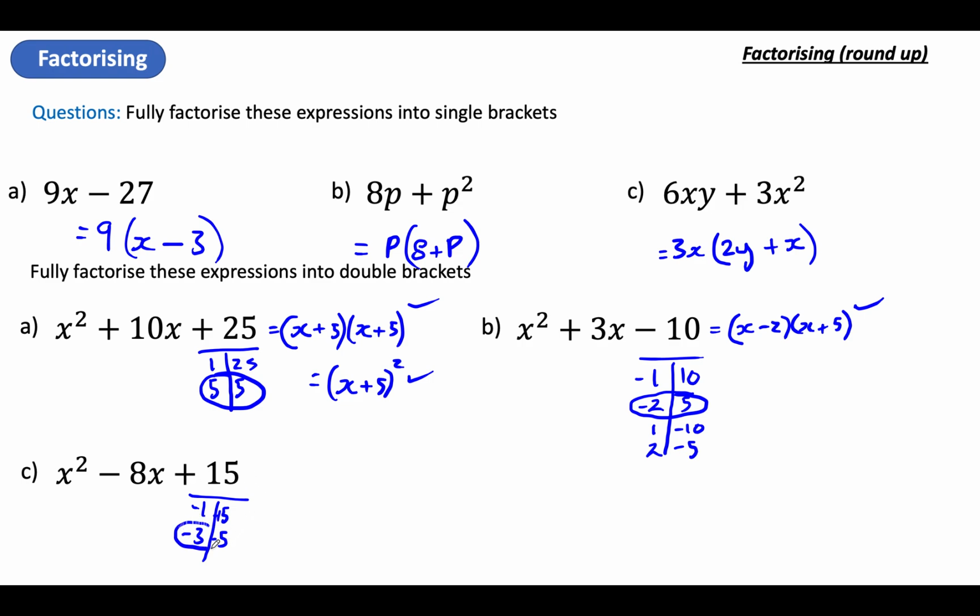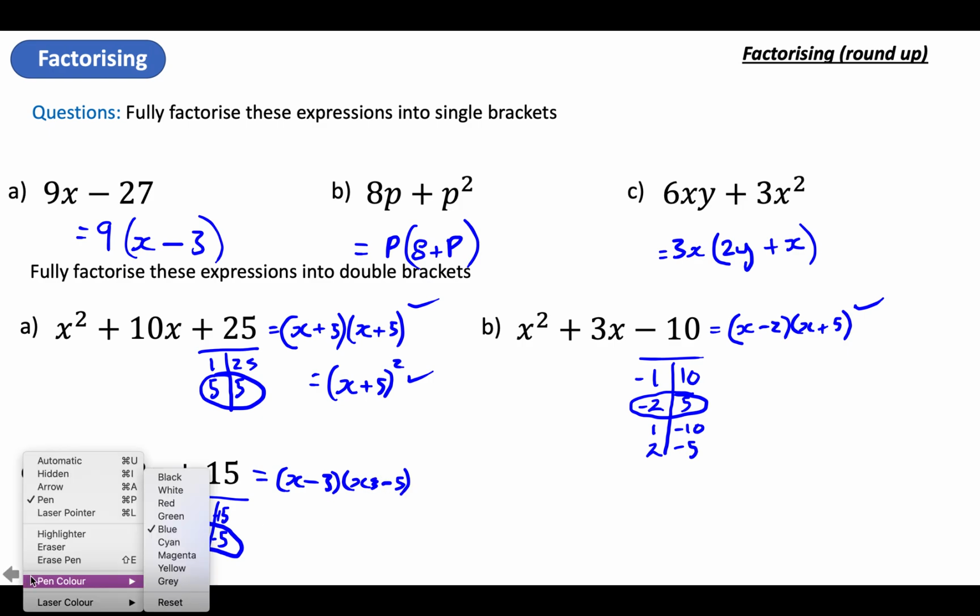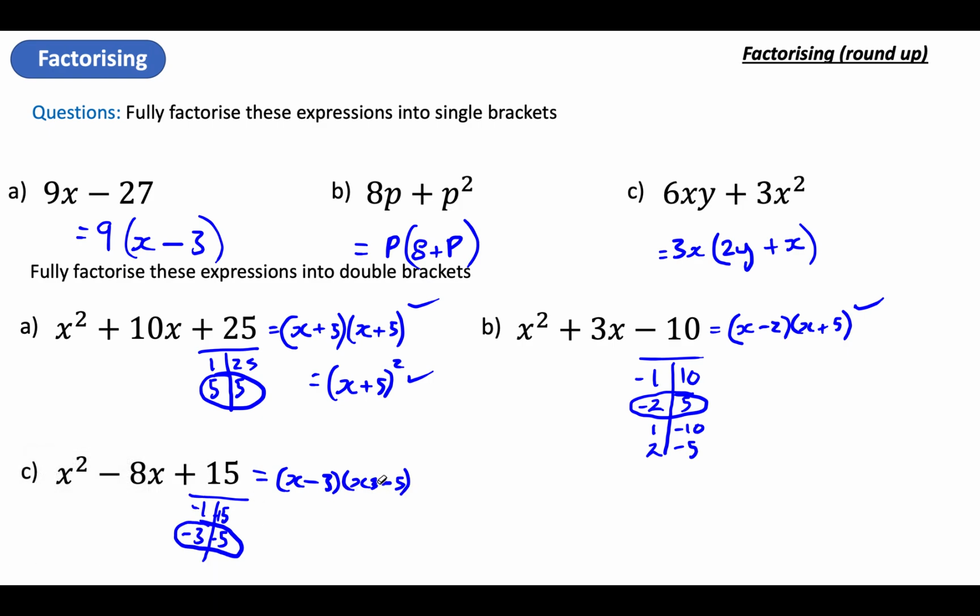But when you add the two negatives together, you get a more negative number: -3, take away another 5 is -8. So those are the two numbers that go inside my brackets. So x take away 3, x take away 5. Let's clean that up a little bit. So there we go, done.